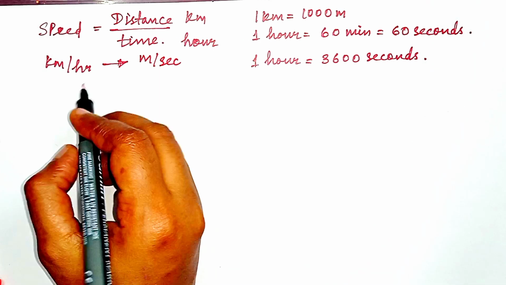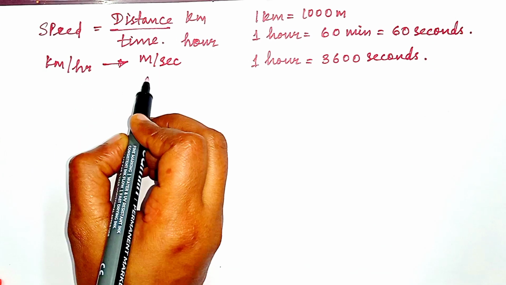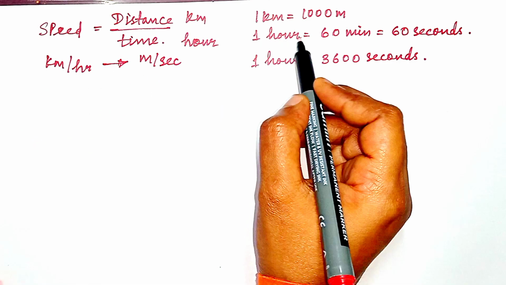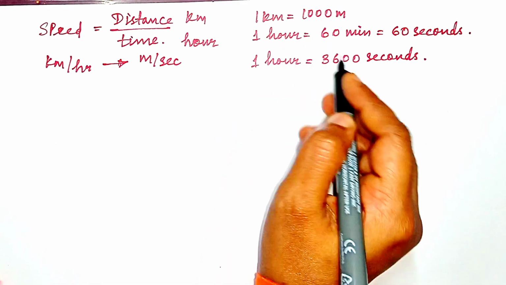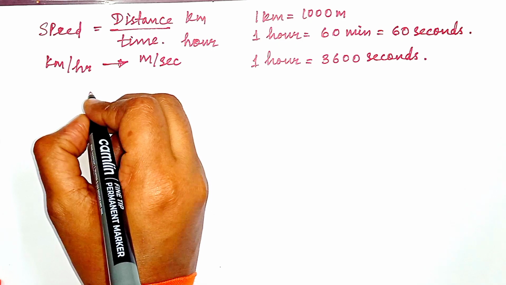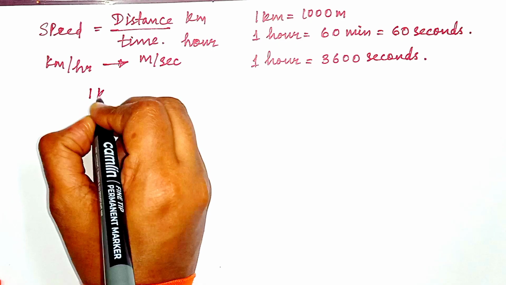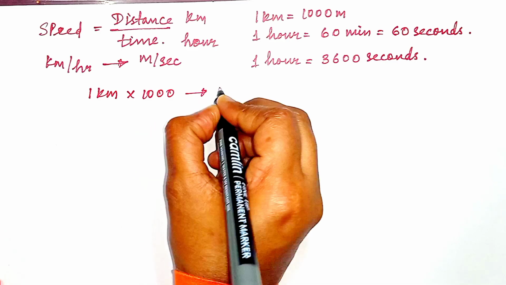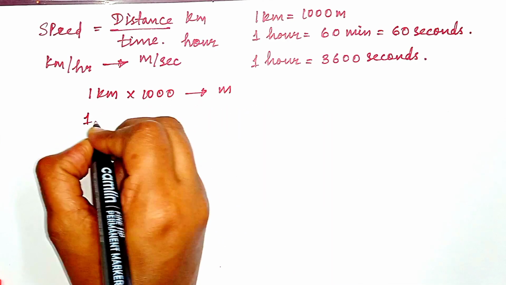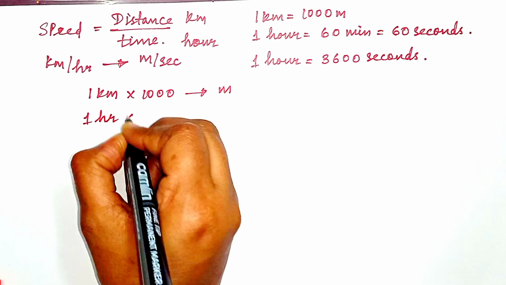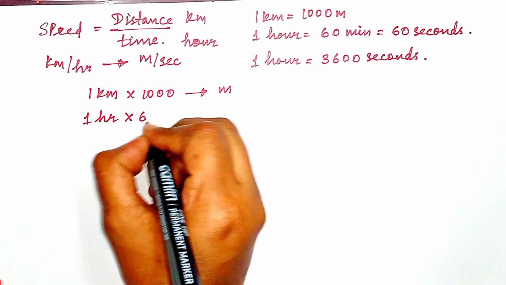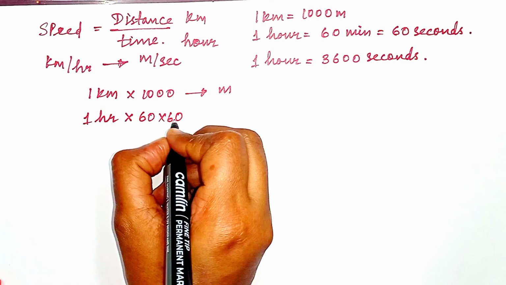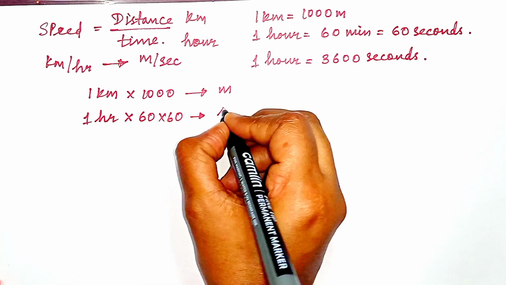So for converting kilometer per hour to meter per second, as I've already shown you the values: 1 kilometer multiplied by 1000 will give you meters, and 1 hour multiplied by 60 into 60, that is minutes, and minutes to seconds, will give you seconds.